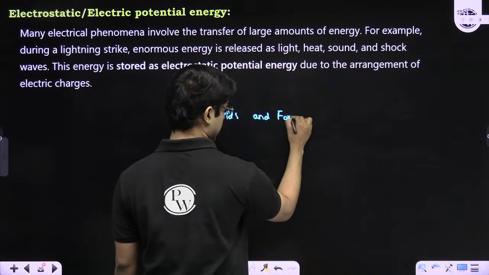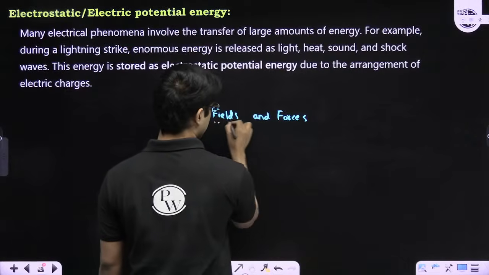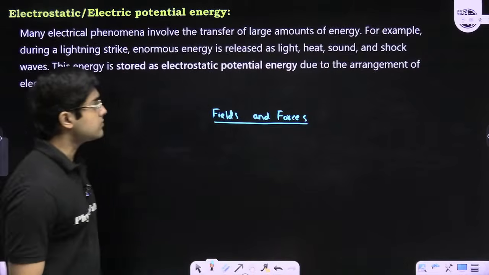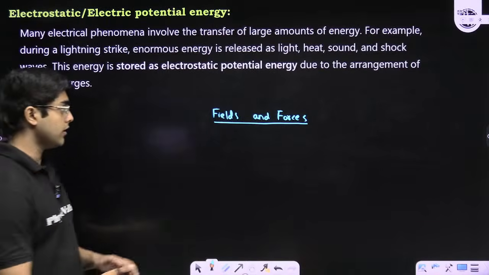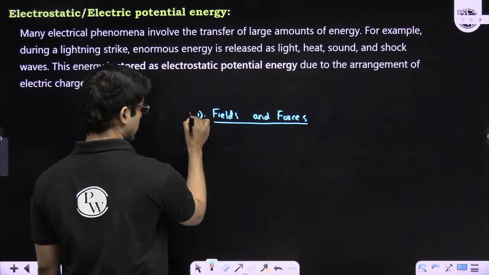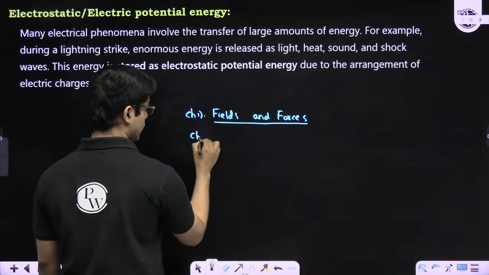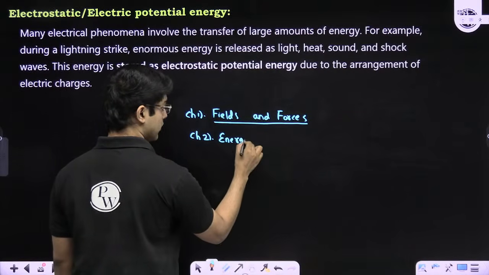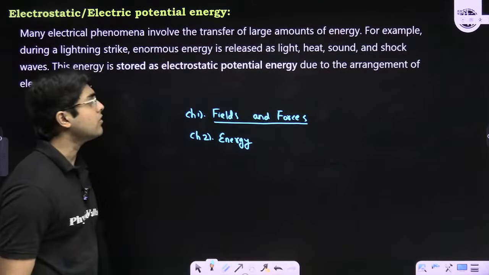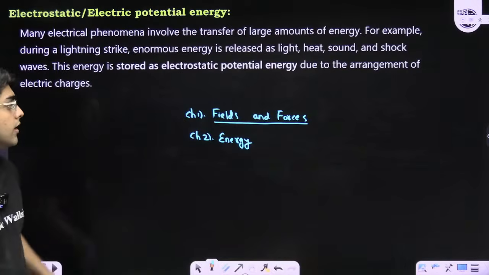Electric fields and electric forces. Now, in this chapter, we will bring in energy into the picture as well. In this chapter, we will start talking about energy also. Electrostatic energy. We call it the potential energy.